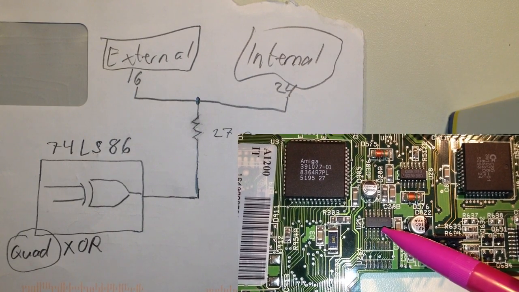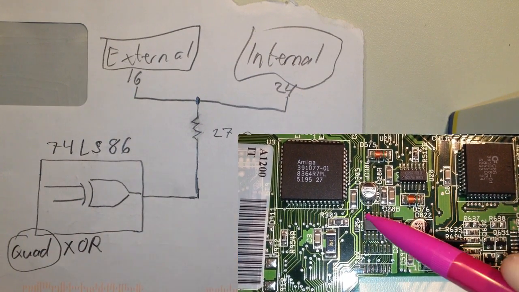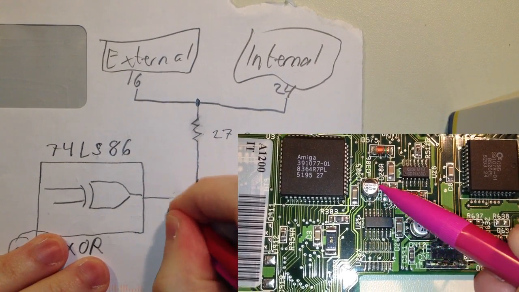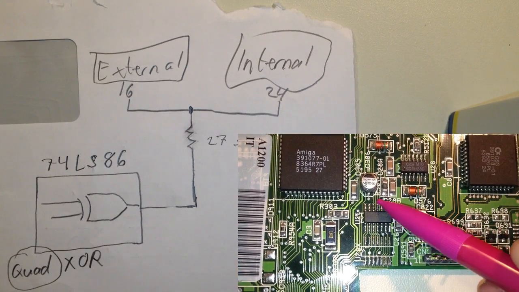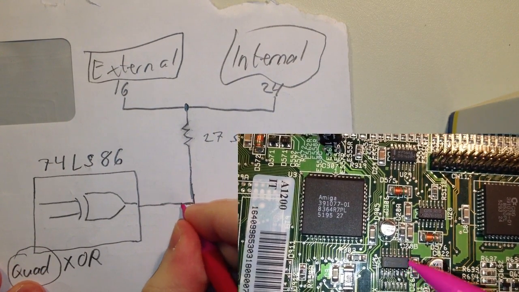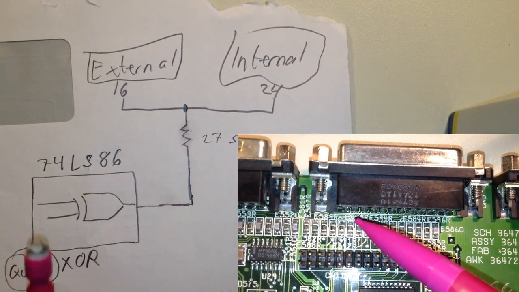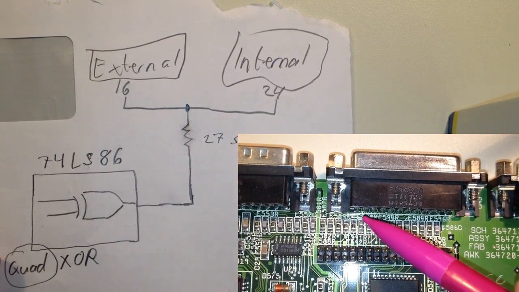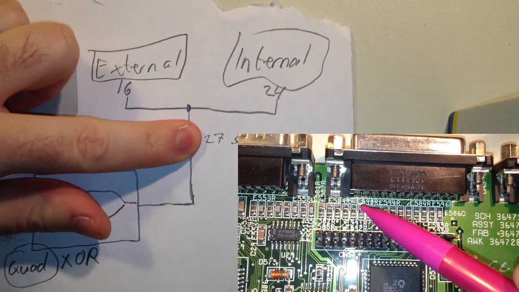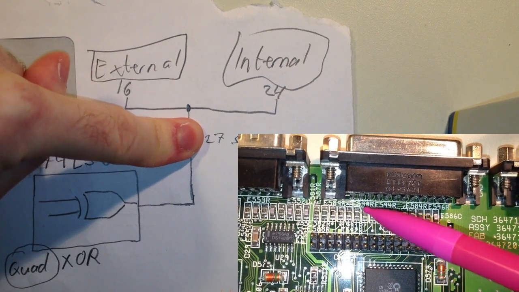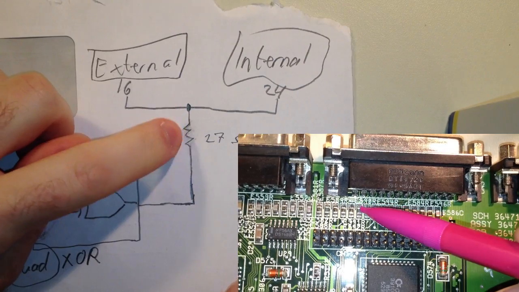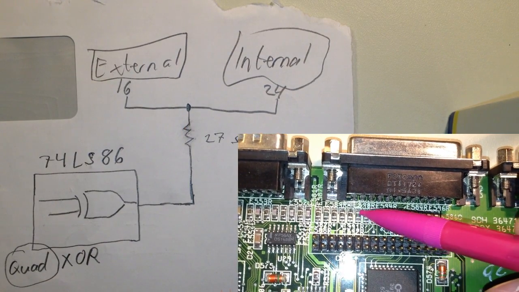And there might be a problem with this chip, or there might be a break in the trace somewhere here on the motherboard, or there might be a problem with this resistor, so that this resistor is open, meaning that it's cut off, it's not there basically. And of course if that's the case, the resistor has to be replaced, but that's not that difficult.